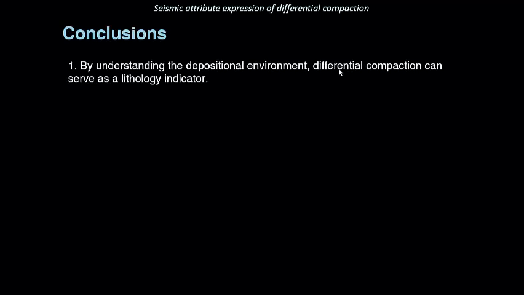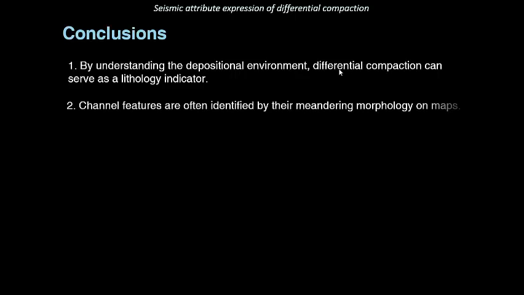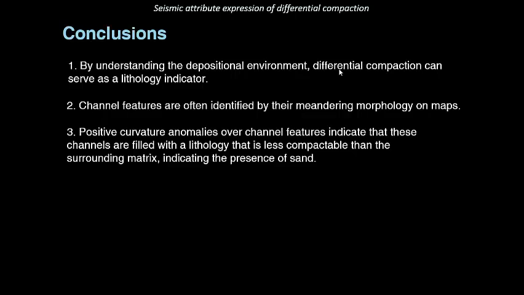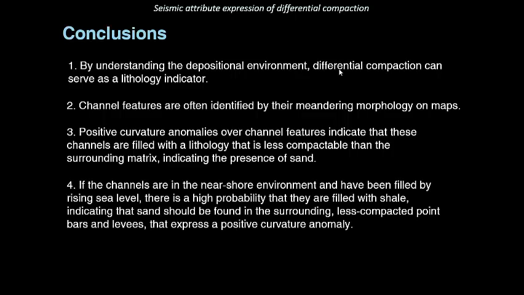So to conclude this talk, what are we saying? By understanding the depositional environment, differential compaction can serve as a lithology indicator. Channel features that are often identified by their meandering morphology on maps can be seen on the positive and negative curvature much better. Positive curvature anomalies over channel features indicate that these channels are filled with a lithology that is less compactable than the surrounding matrix, indicating the presence of a sand, or shall I say a sandstone.